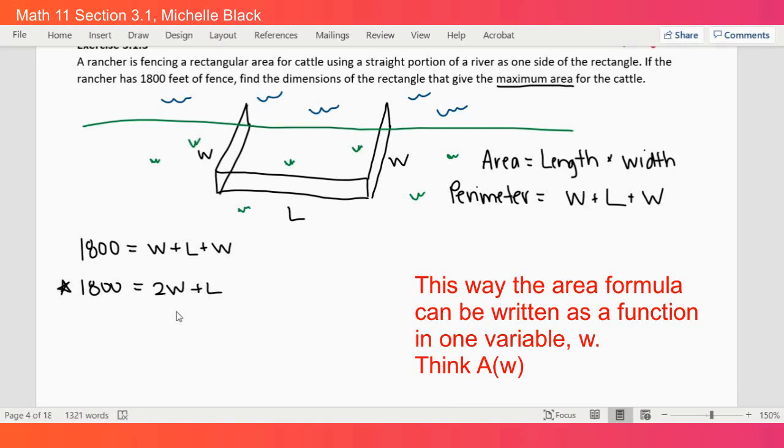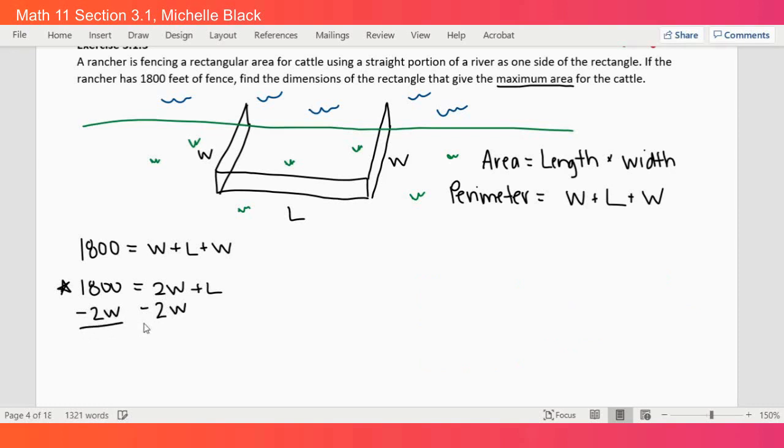What I'm going to do is I'm going to solve for L. So if I subtract 2W from both sides, I end up with 1,800 minus 2W equals L. Okay, so now I'm going to substitute that into my area formula. So the area is equal to length times width.